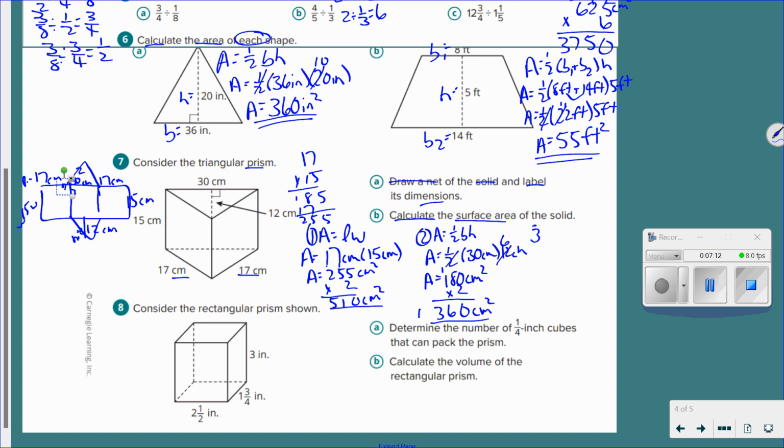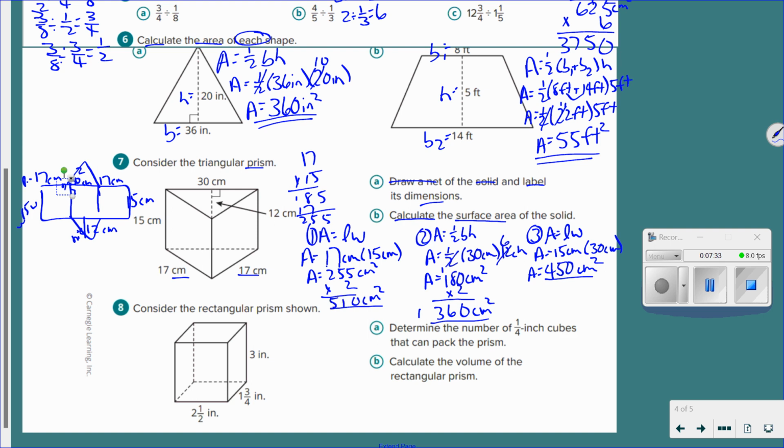My third is the rectangle that is on the bottom. So that's going to be the length times the width, which gives me 15 times 30, or 450 square centimeters. The last part in surface area, I now need to put all of those together.